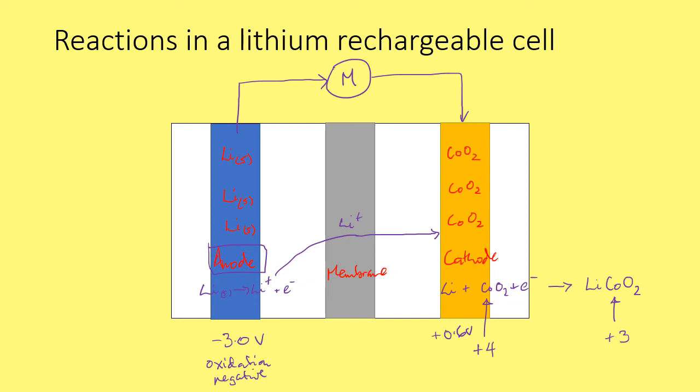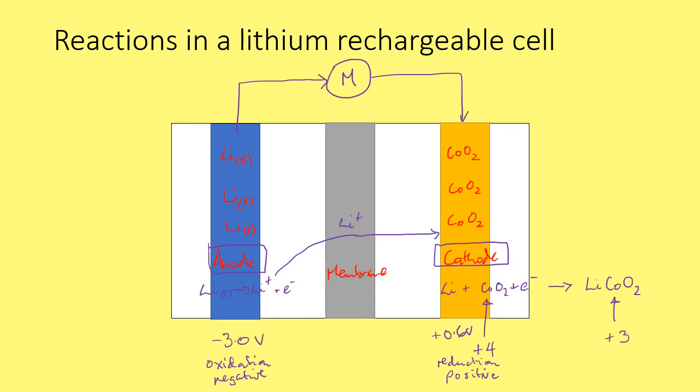This is the negative electrode, and the negative electrode is the anode in discharging cells, whereas in electrolysis it's the opposite. At the cathode, this is a reduction reaction, and in discharging cells that makes it the positive electrode.